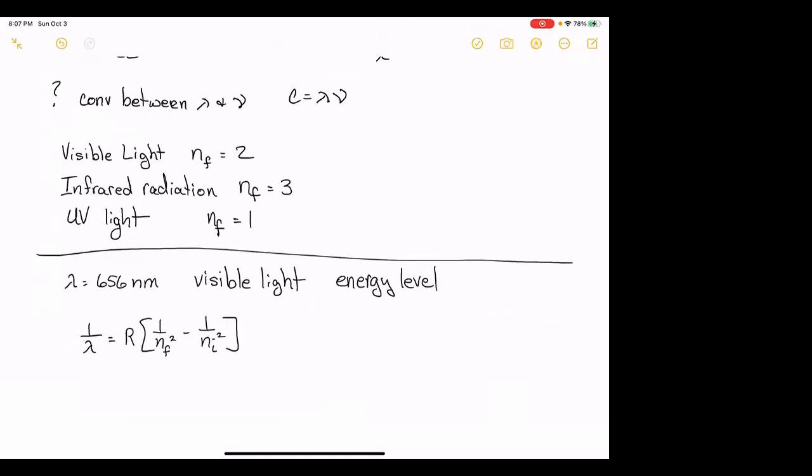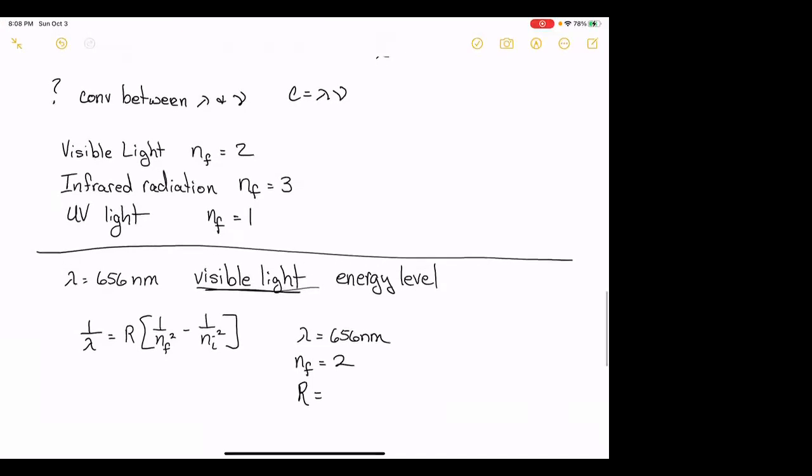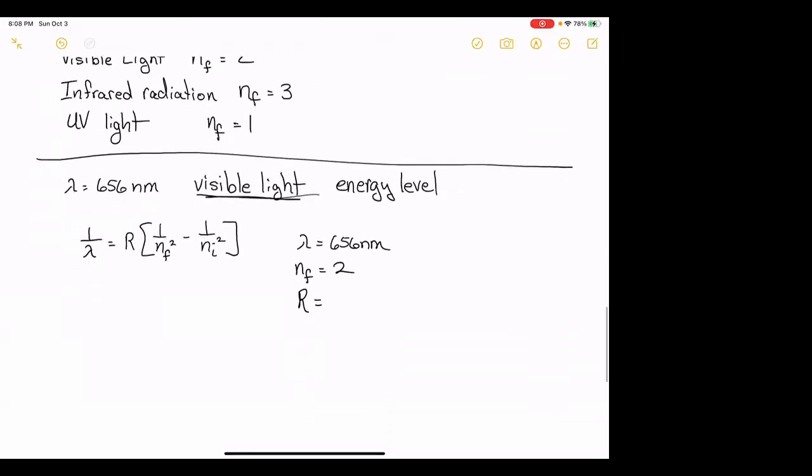We were given the wavelength, which was 656 nanometers. And because I said visible light, that meant that n sub f had to equal 2. And R, I do give you the equation and I do give you this constant, so you don't have to memorize them. R is 1.097 times 10 to the minus 2 per nanometer.